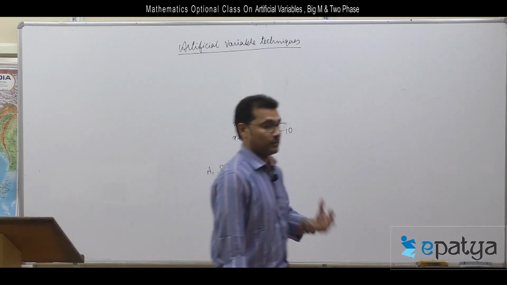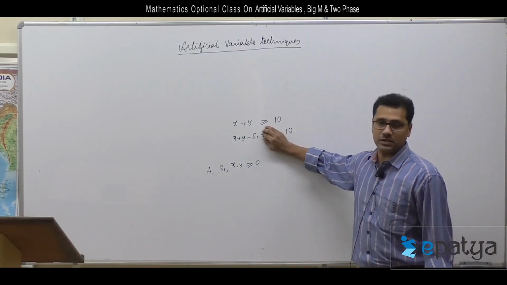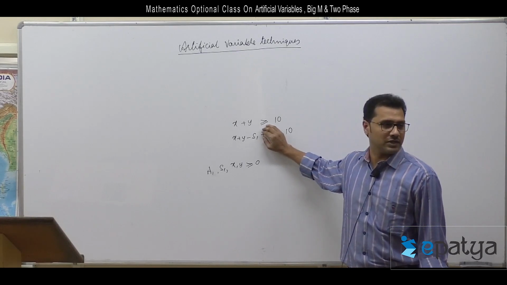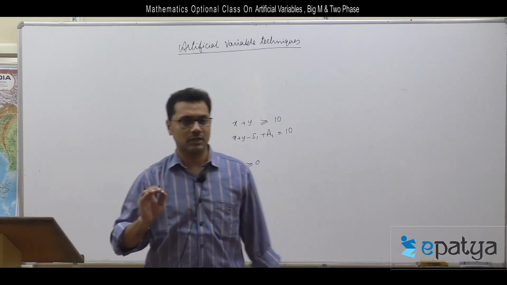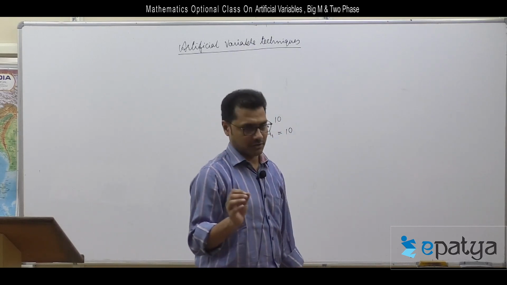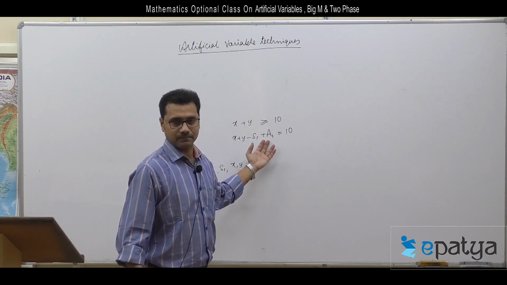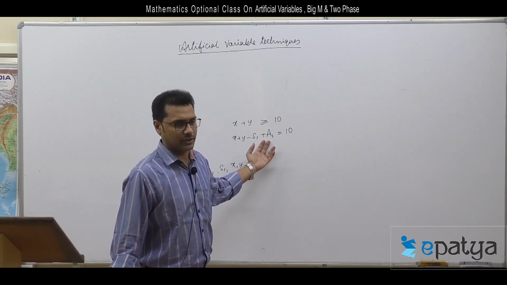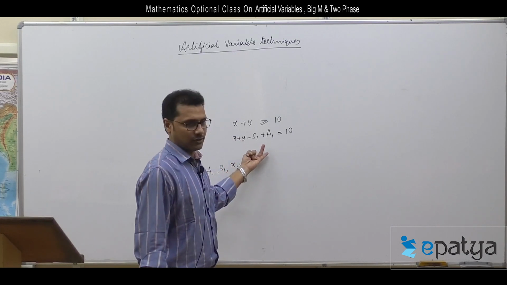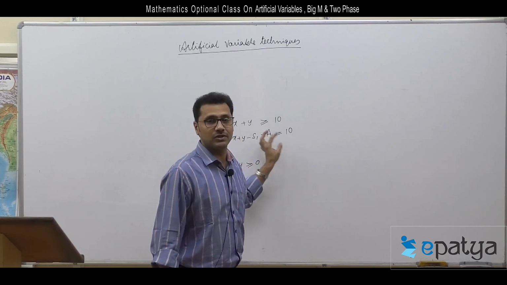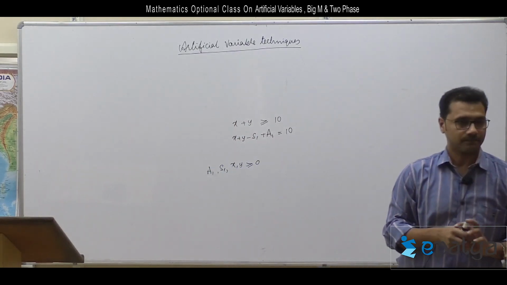Okay, and one more important thing that you need to understand here is artificial variables are most dangerous, as long as an artificial variable exists in the basis, because in the beginning it is already in the basis. In the initial basic feasible solution, what are we going to take? x equal to 0, y equal to 0, s1 equal to 0, which gives me a1 equal to 10, which will be in the basis in the initial basic feasible solution.